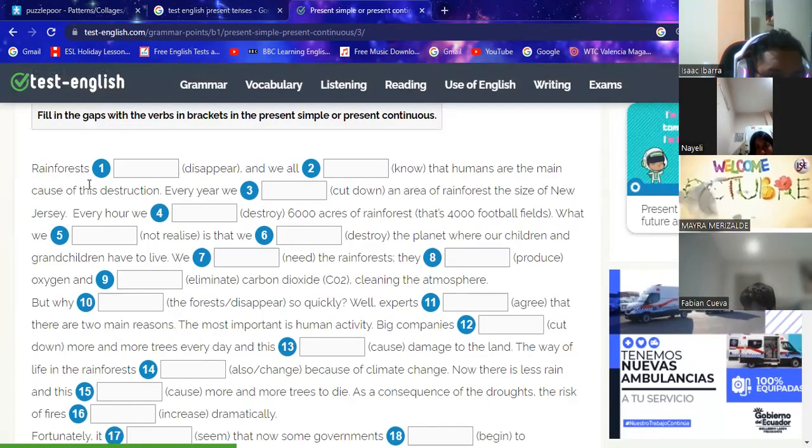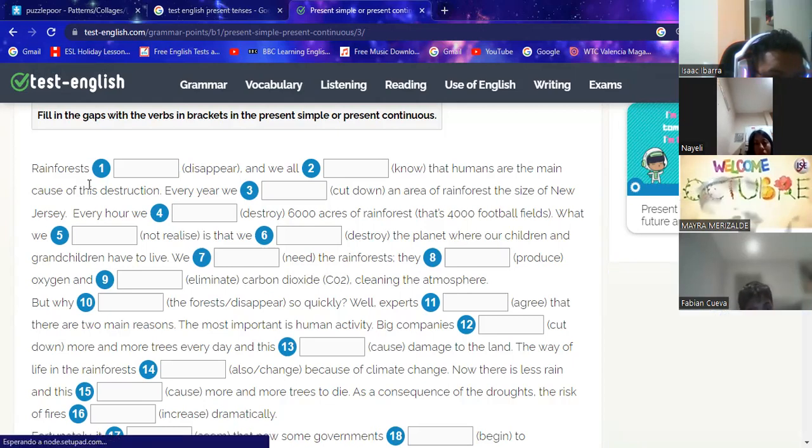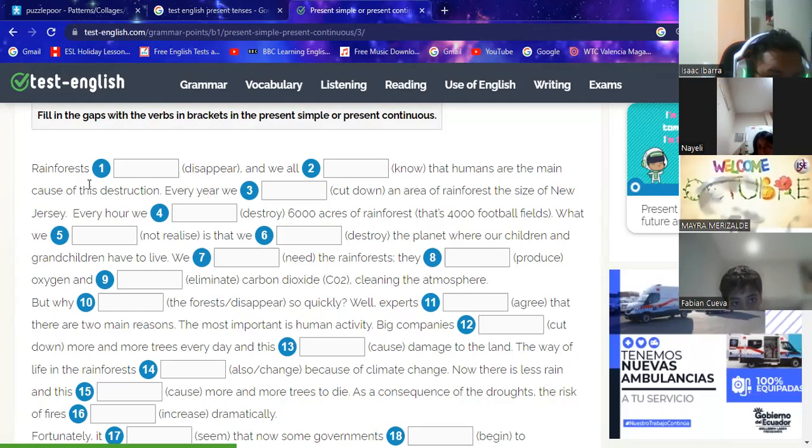Fabian, number 1. Simple present or present progressive? Please read it and tell me. Simple or progressive? Disappear or are disappearing?